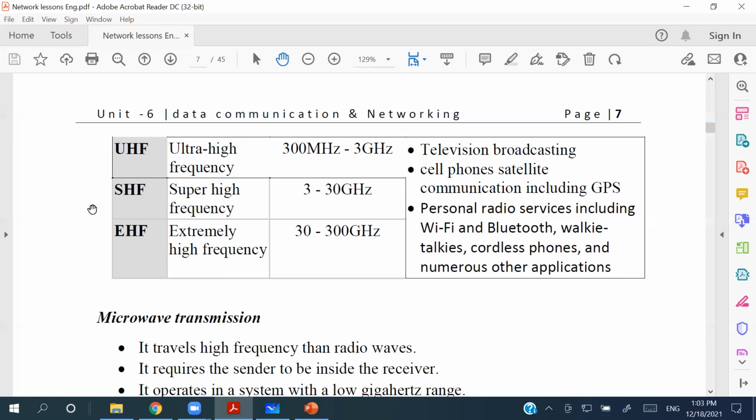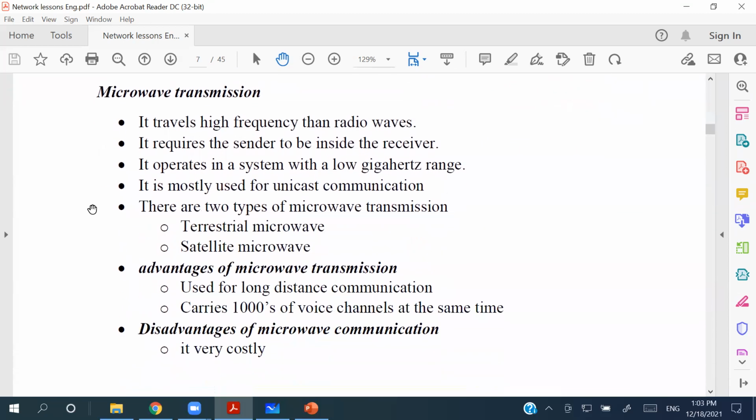So then the microwaves. Now, compared to the radio waves, microwaves are much stronger than the radio waves, right? So we use radio waves to do the communication from one particular geographical point to another particular geographical point that is kind of terrestrial, right?